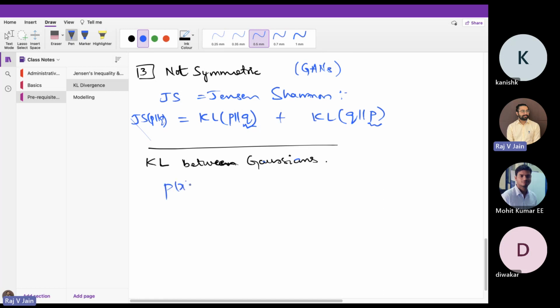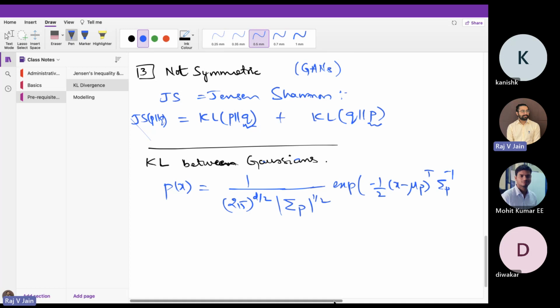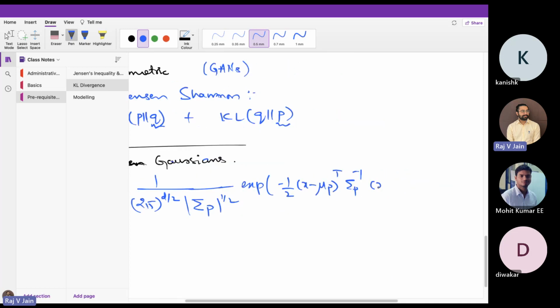Let's say I have P of x defined as, we looked at the formulation for the multivariate Gaussian distribution in the last class. So let's say this is exponential of x minus mu p transpose sigma p inverse x minus mu p, right?